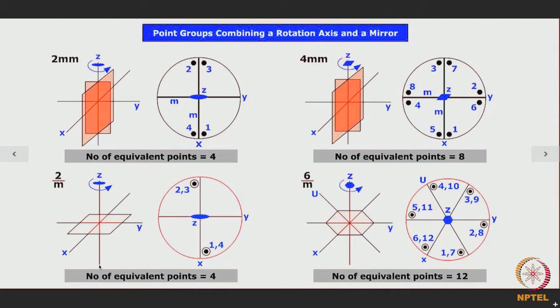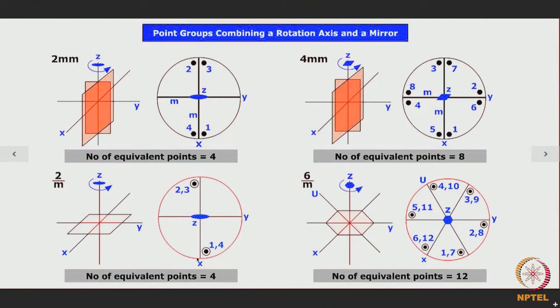So, again in the x, y, z coordinate system, we assume that there is a two-fold rotor along the z direction rotating in the anti-clockwise manner, and we have a mirror right over there perpendicular to the two-fold axis. So, in the corresponding projection, our two-fold rotor will be right at the center, and where will be the mirror? The mirror will be shown by the periphery of this circle. So, the mirror will be along here.